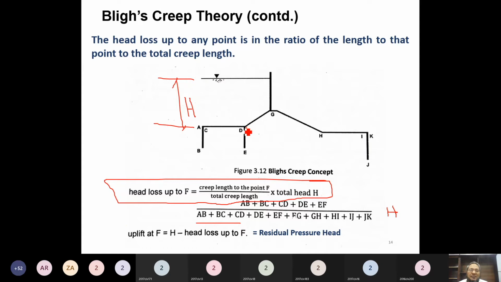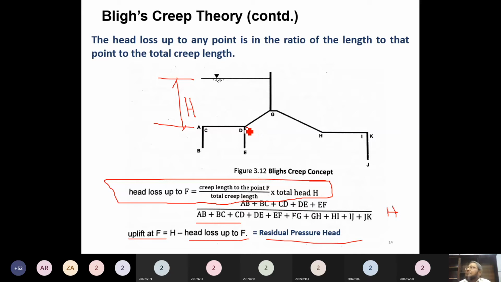If I know the head loss up to this point, how can I compute the uplift pressure or residual pressure? Total H minus the head loss up to point F. So this is the uplift pressure which will be acting at point F. Do you have any questions?